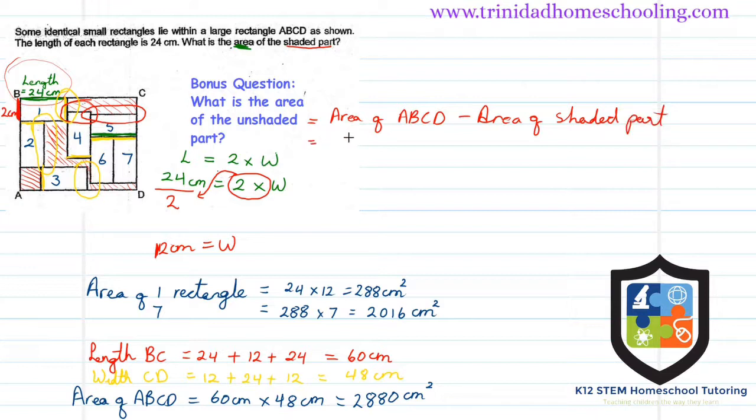And this will give us 2,880 subtract 2,016. So the area of our unshaded part is 864 centimeters squared.